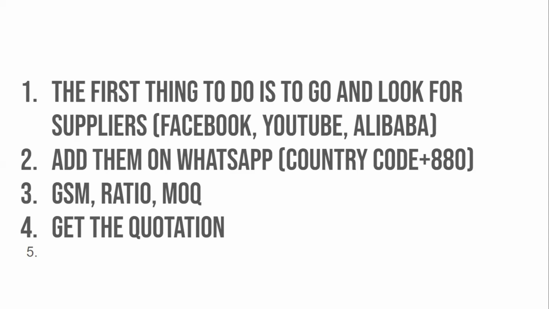So you inquire from this supplier. From the first video, I told you that when you want to get a particular cloth, you need to look for like five different suppliers for that cloth. When you inquire from Mr. A about his GSM, his ratio, his MOQ, you go to Mr. B, the same clothing, and you show him, I want to buy this so and so clothes.